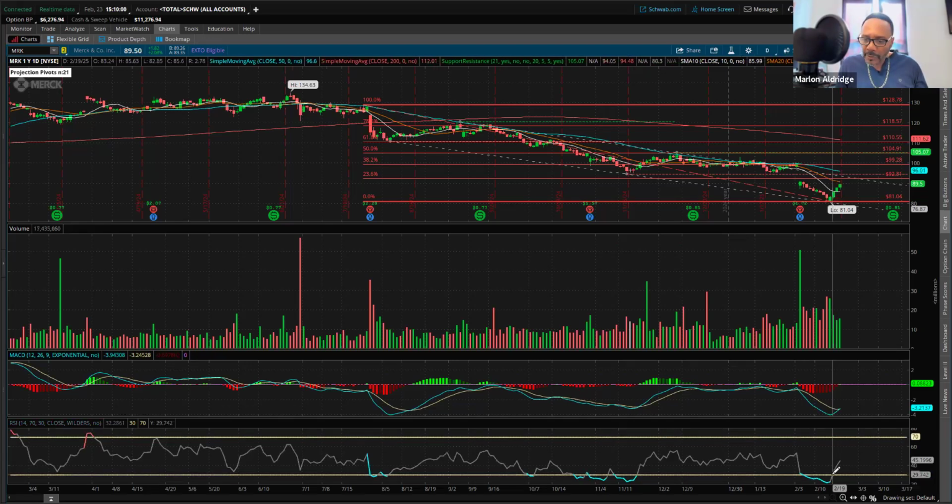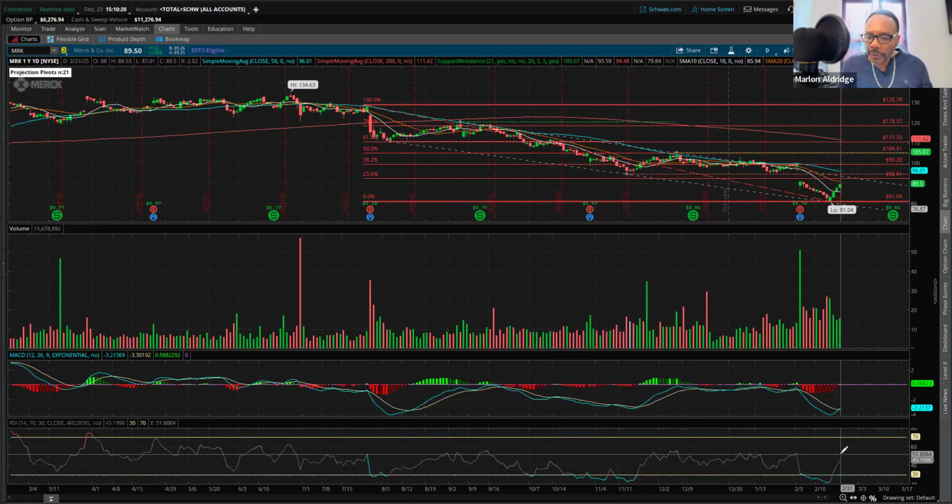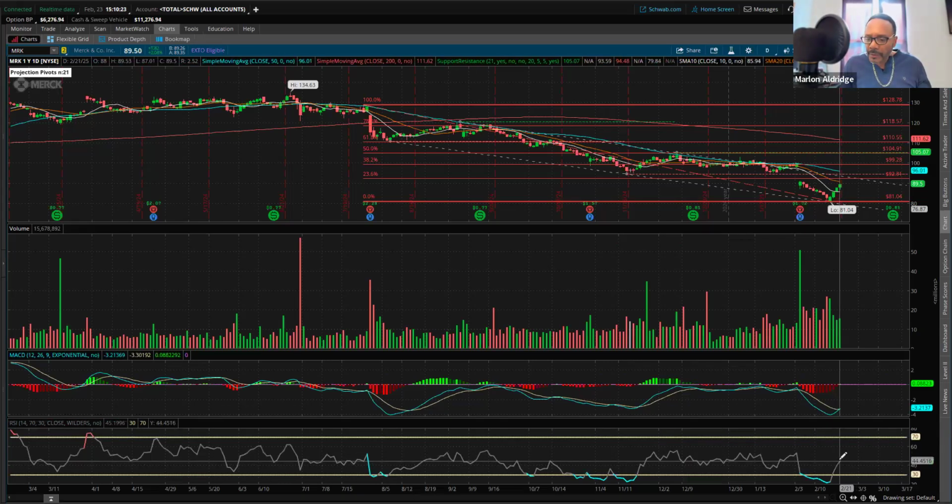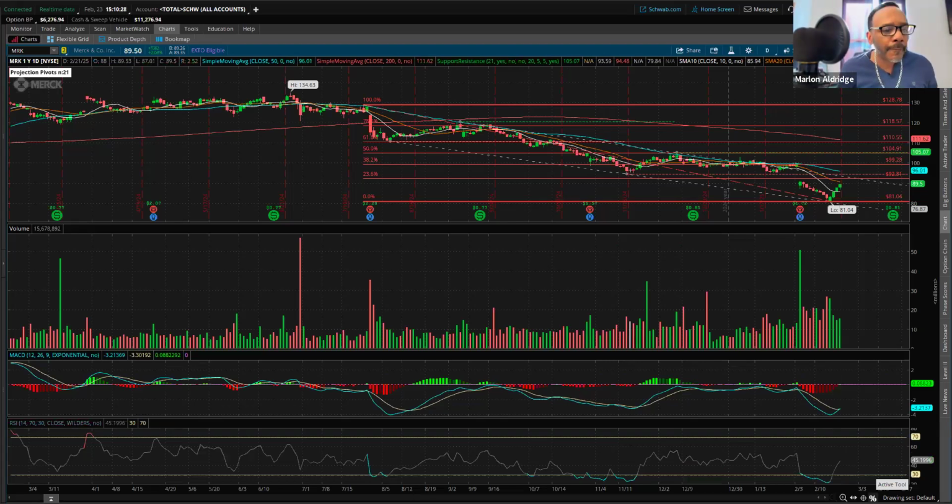Now, some people would wait till that relative strength index comes above 30, which would have been on February the 19th. So if you're going to buy, that would have been an excellent time to buy. And true enough, prices we can see trend upward. It would be nice if that relative strength index goes above 50, because we know when it goes above 50, the buyers have control.